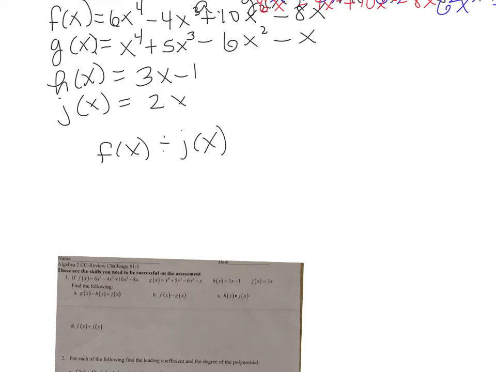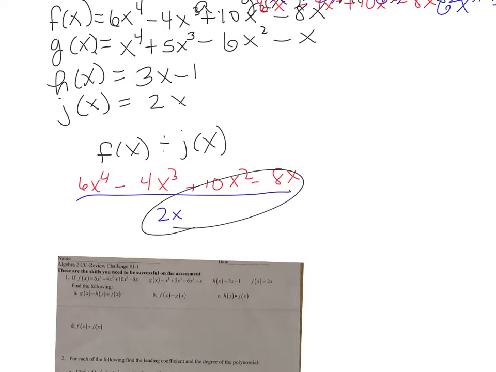All right, so let's write down f of x, and I'm going to write it as a fraction. So it's going to be 6x to the fourth minus 4x to the third plus 10x squared minus 8x, divided by j of x, which is 2x. So remember, when we divide, the denominator has to divide into the numerator.